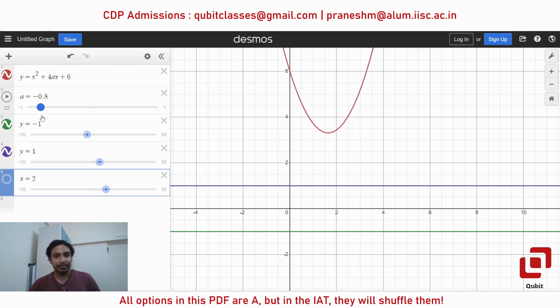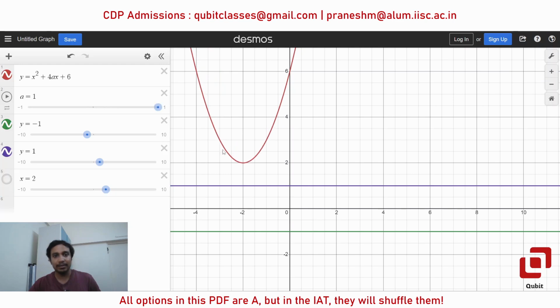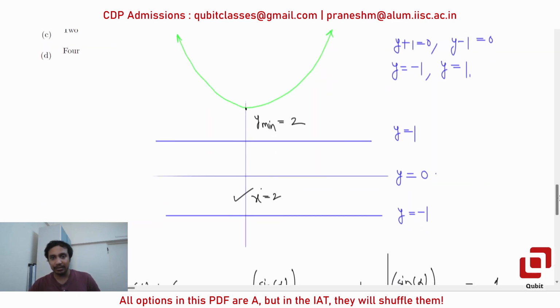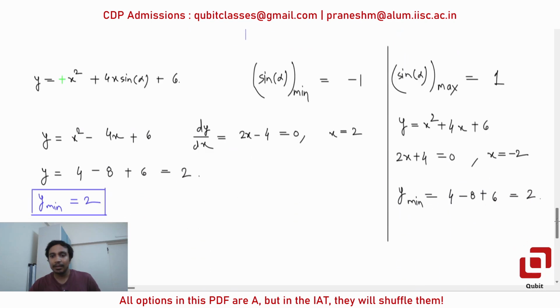It actually goes up, and then when it goes to A's value as 1, it now comes to minus 2, 2. And we have got minus 2 here.